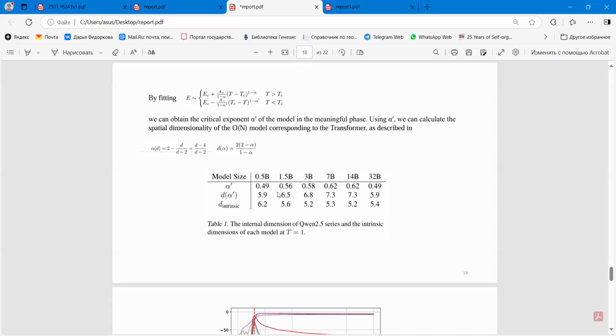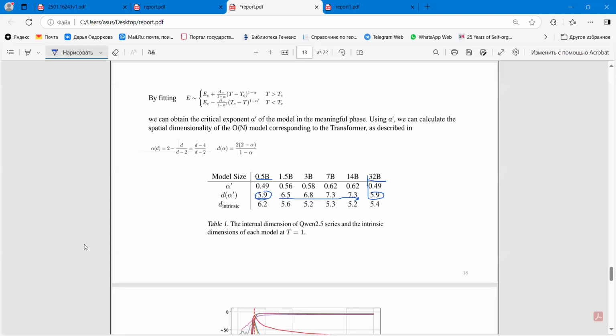Mhm. And it's interesting that they say that these parameters can be higher, yes, but for the smaller size and the biggest size, we can see equal values.